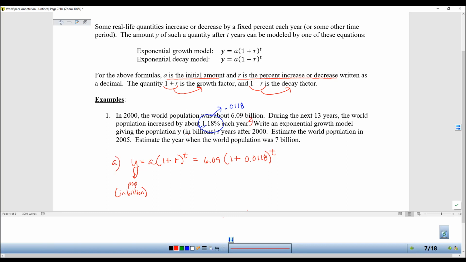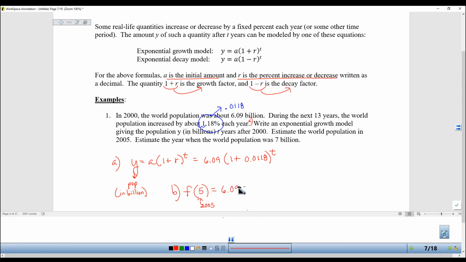Write an equation. And now I want to find the world population using my equation in 2005. So y is not a good way to indicate here. Instead, I'm going to switch my notation to f of 5, and that will indicate the year 2005.